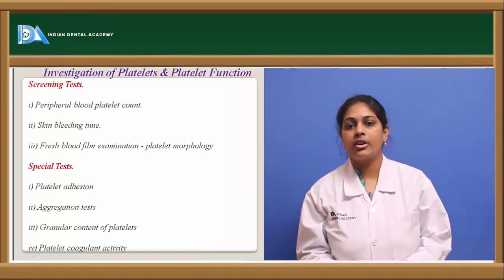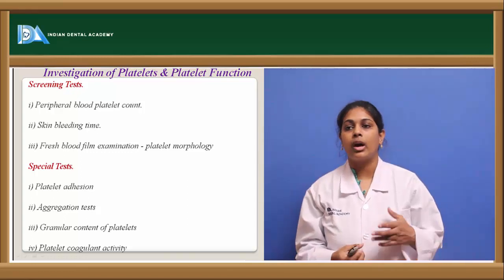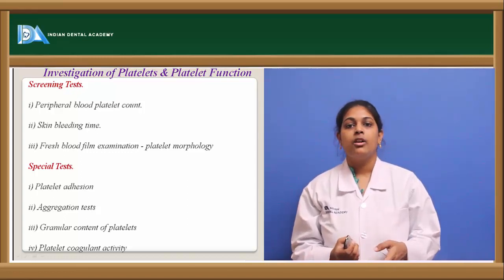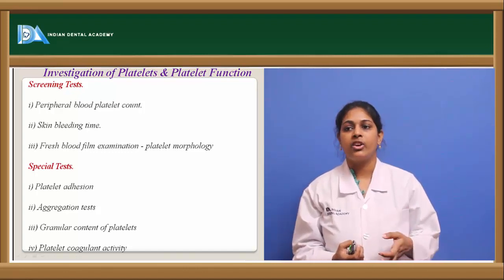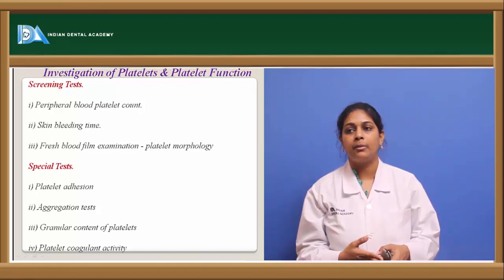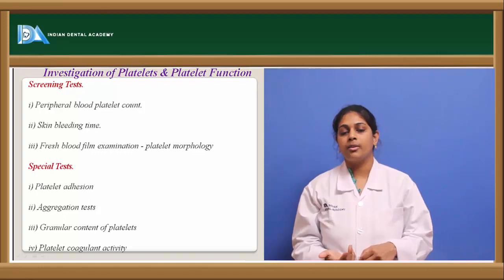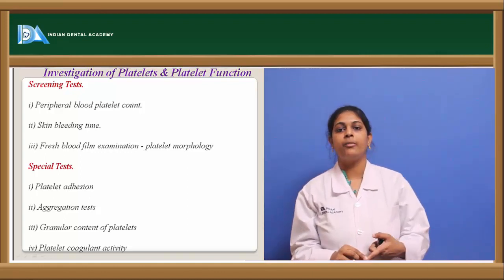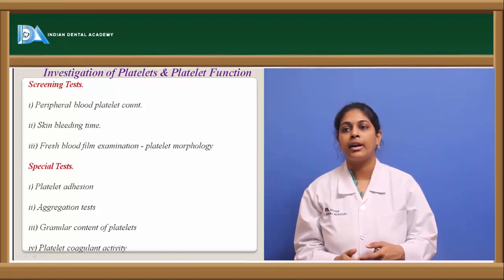Coming to the investigations of the platelets and platelet function, usually we see two kinds of tests. One is a screening test, which is done just to identify whether the patient is suffering from thrombocytopenia or not. In these screening tests, usually the peripheral blood platelet count is done, where a peripheral smear is prepared from the patient's blood and platelets are observed under a microscope.